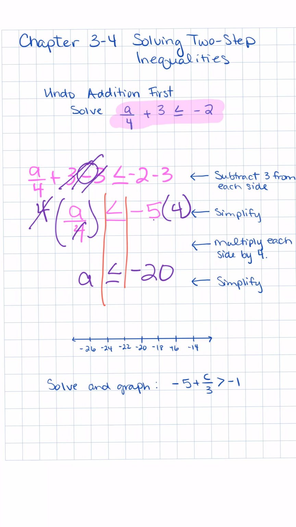So then they want us to graph it. Here we are. It's going to be a closed circle because it's less than or equal to -20. We see that our inequality is going this direction, which means that's the way our arrow is going to go. There we go.